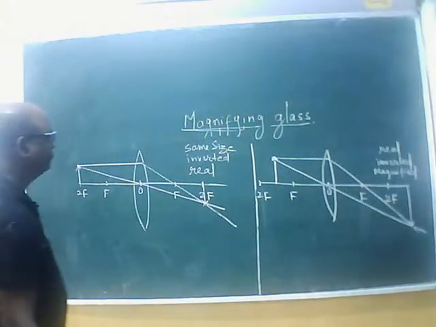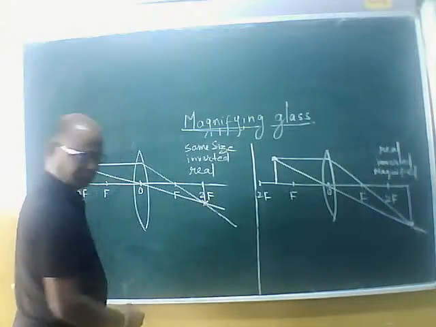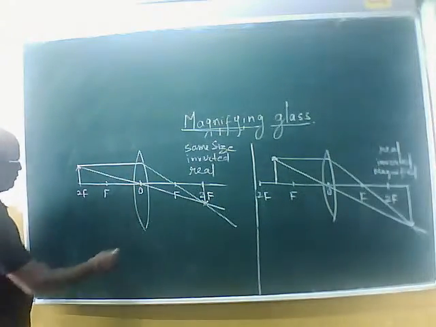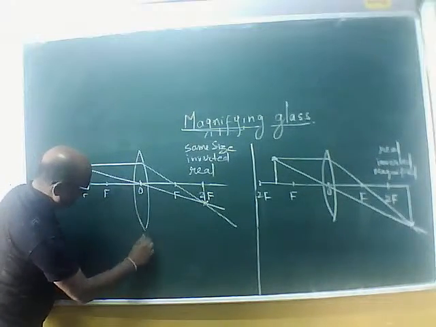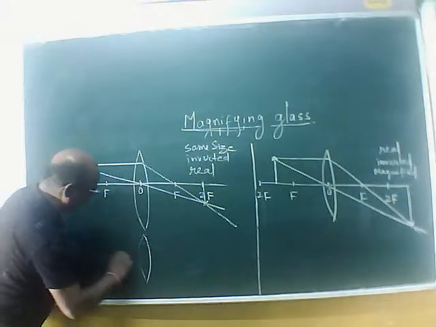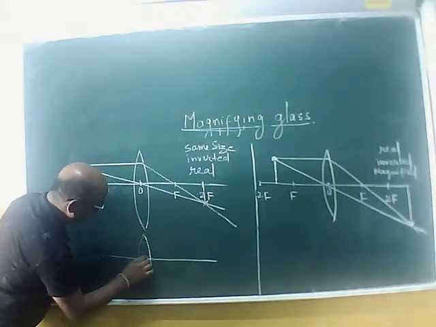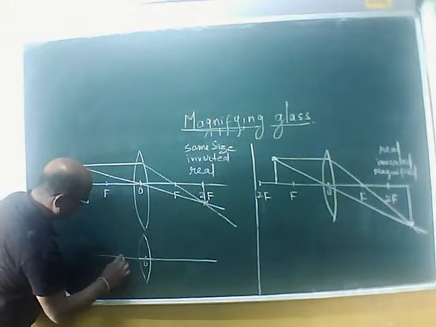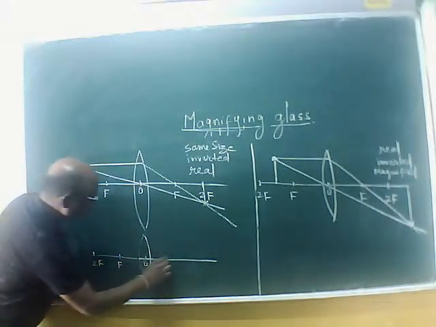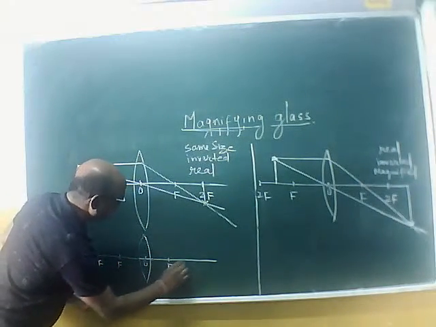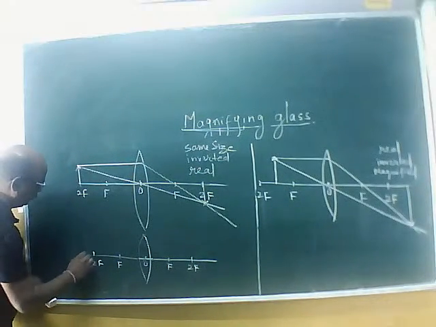Now, this is your convex lens, this is the optical center, principal axis, this is f, 2f. Now you keep the object beyond 2f.